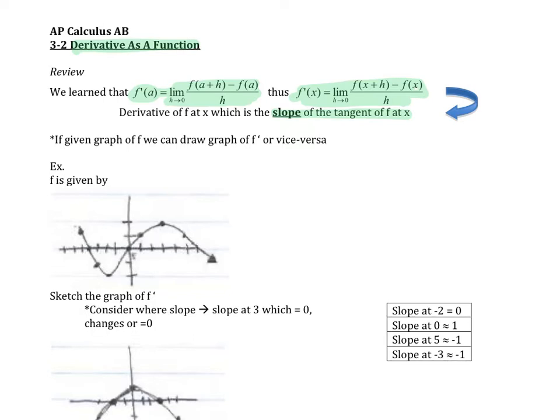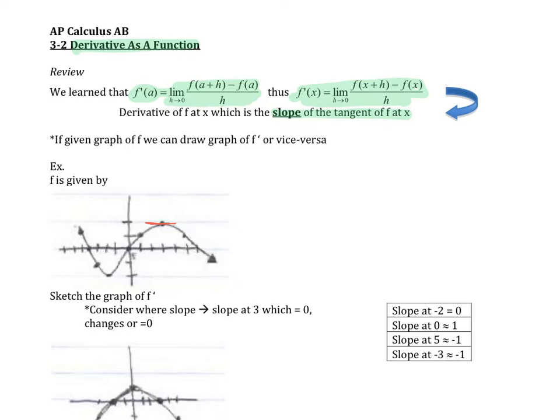Since we are sketching f prime, we need to consider some things. We are looking at the slope of the tangent, and the first thing that you're going to want to do, and this one is probably the best route at doing this, is you want to find where the slopes are 0. So you want a horizontal tangent. And I'm going to graph this directly on the same grid and then show you from what I did. Okay?